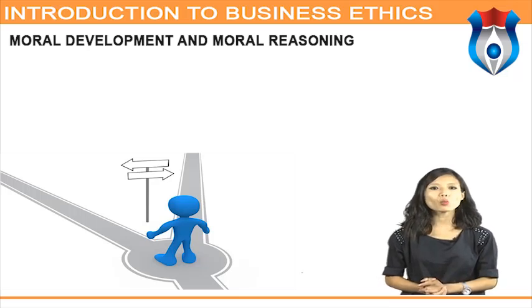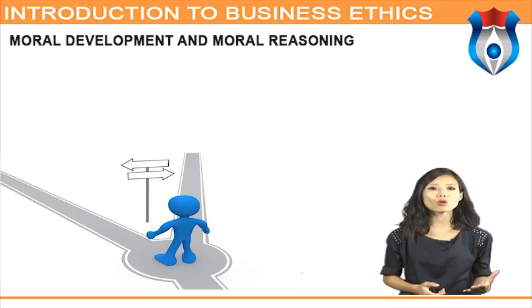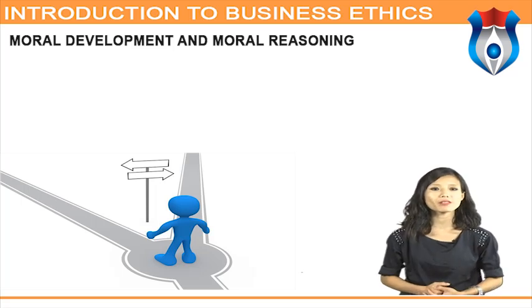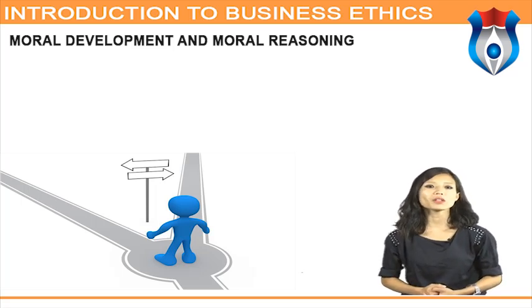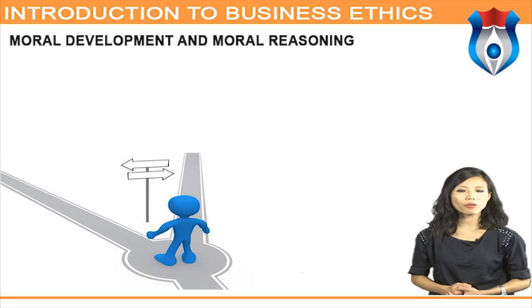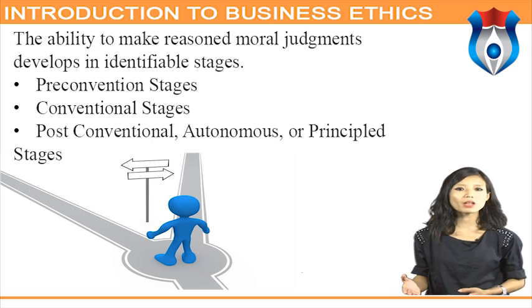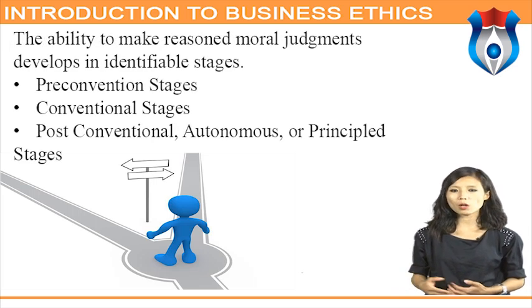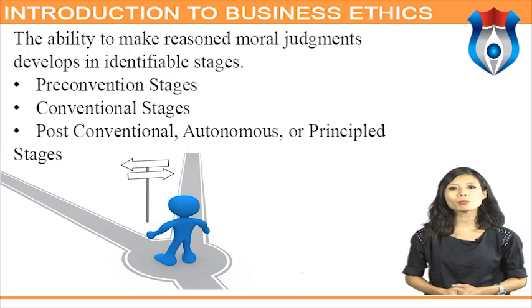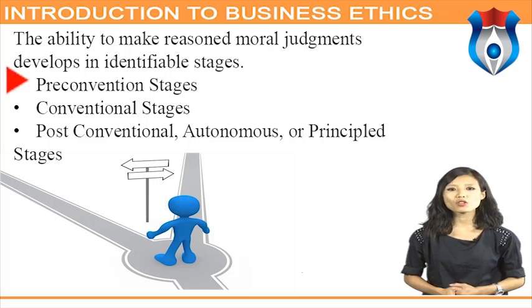As we have understood what morality is, let's discuss more on moral development and moral reasoning. As people mature, they change their values in very deep and profound ways. The ability to make reasoned moral judgment develops in identifiable stages. Pre-conventional stages.